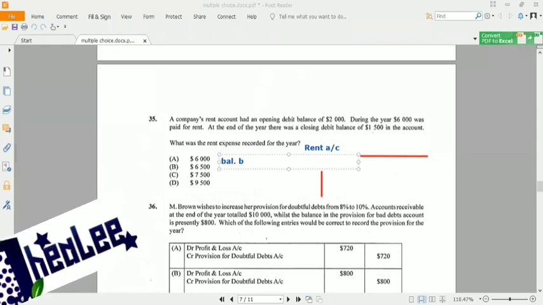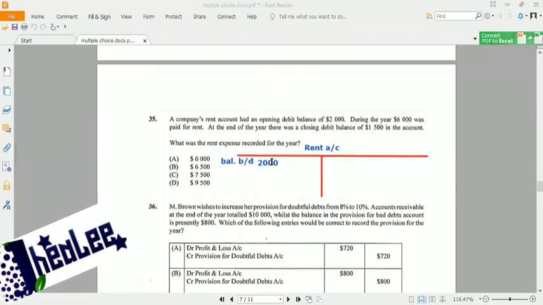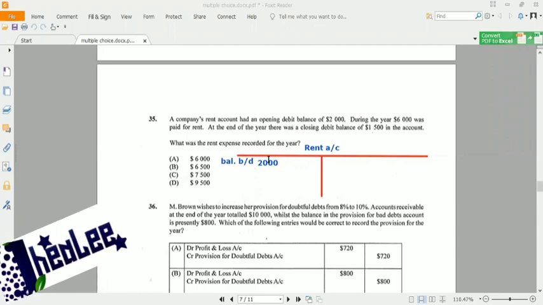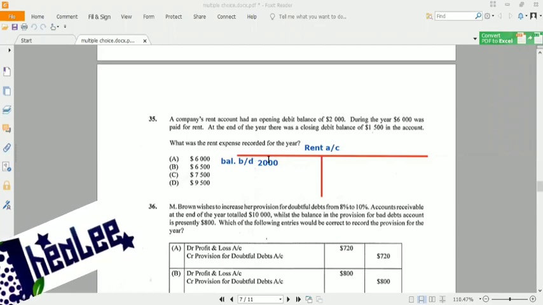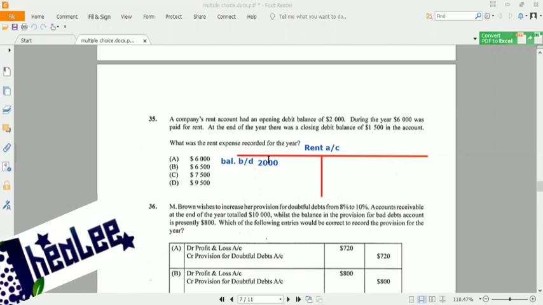As I said earlier, this could be referred to as our prepayment. Why? It is an asset. Once the expense carries the debit balance, it means that there was some amount that was prepaid from the last period, so it becomes an opening debit.